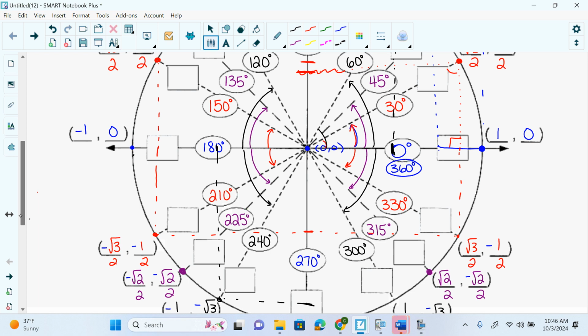Yeah? Can you run test points on your unit circle to see if it's right? Yeah, you could go cos of 225, see if it matches, right? You could do sine, whatever, and you can check your entire unit circle if you really want. Now, that is what this unit circle is for. It's to give us exact values of those specific reference angles. But what about cos of 22? Put that in.